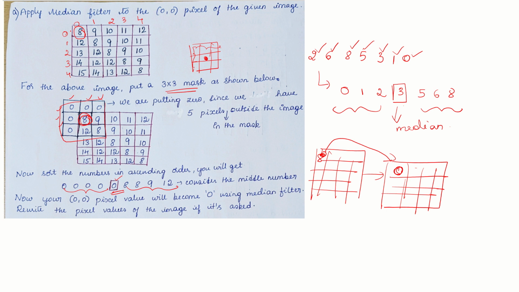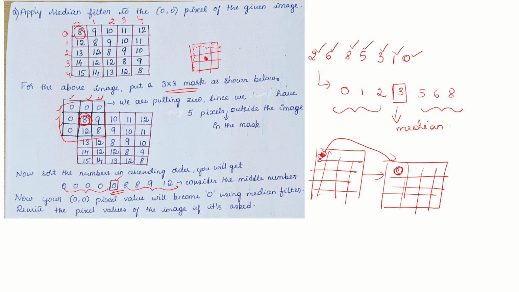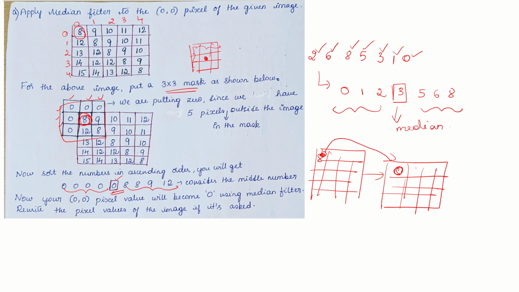See here, this is the original image, right? Our work is to consider my 3, 1. In this image, the 3 corresponds to the row number and 1 corresponds to the column number.